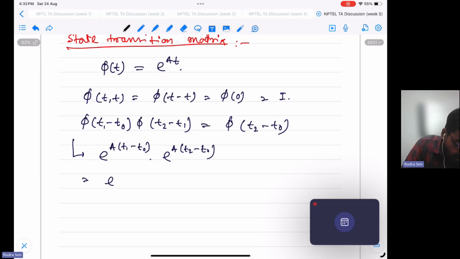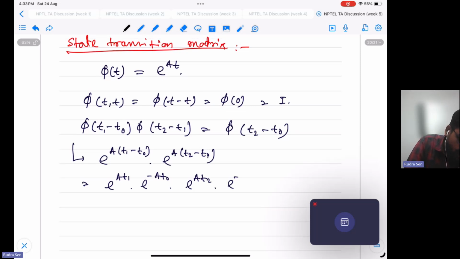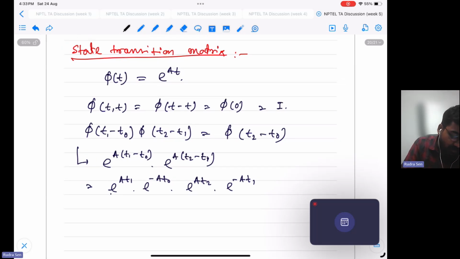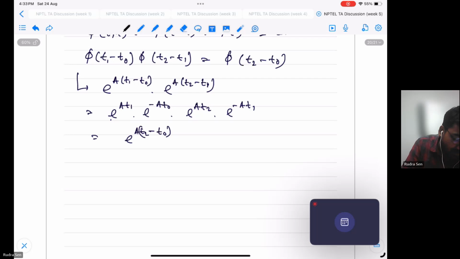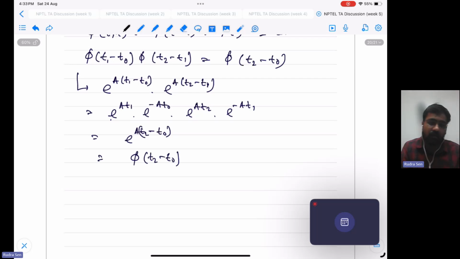So what we get is e to the power At1 into e to the power minus At naught into e to the power At2 into e to the power minus At1. These two terms give identity, and what we get is e to the power A(t2 minus t naught), which is basically phi(t2 minus t naught), right?